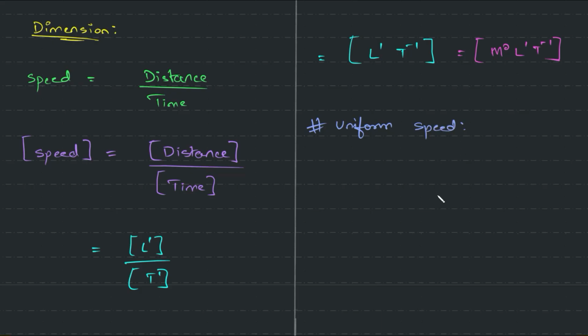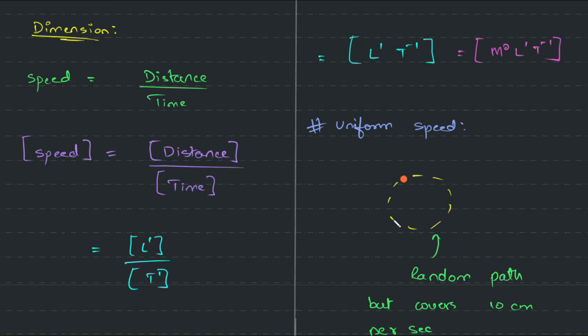If I have an object moving in a circular manner or almost circular, or it doesn't matter, whatever manner, a random path, and it covers, say, 10 centimeters per second, say it's a toy.